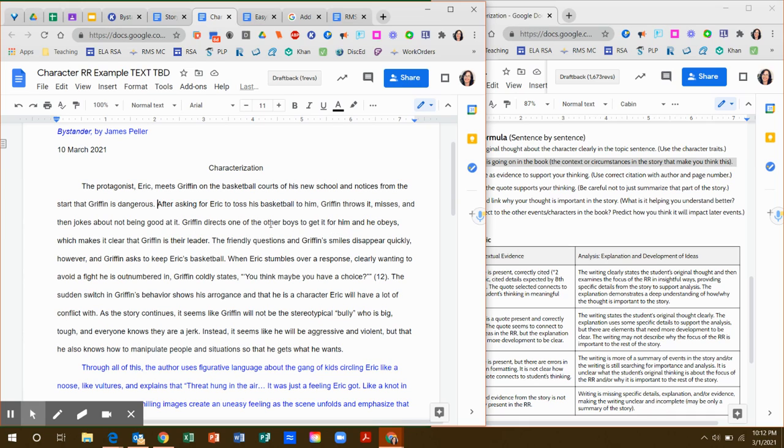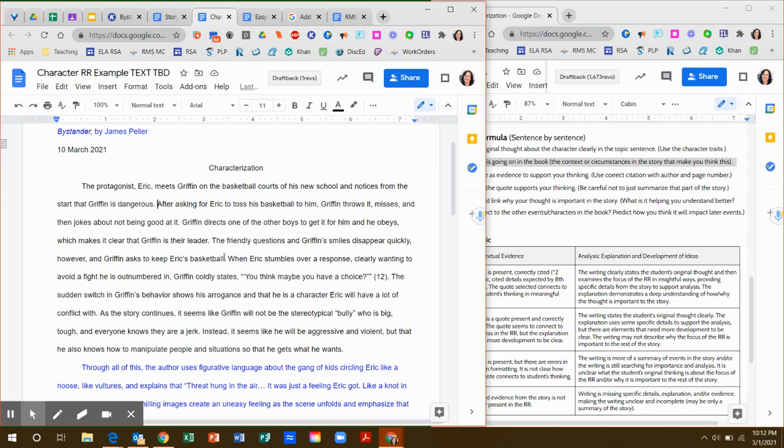His friendly questions and Griffin's smile disappear quickly, however, and Griffin asks to keep Eric's basketball. When Eric stumbles over a response, clearly wanting to avoid a fight he is outnumbered in, because there's a whole gang of kids there, Griffin coldly states, "You think maybe you have a choice?" And that's on page 12.